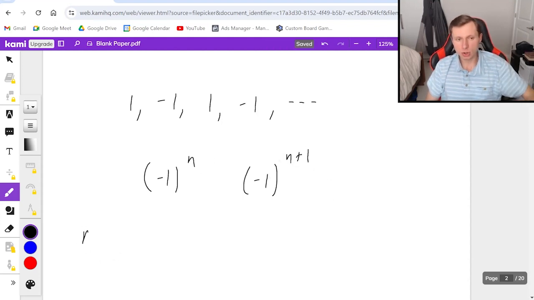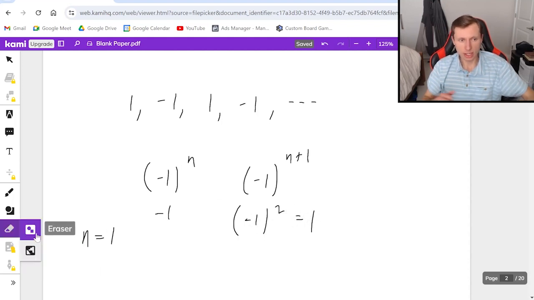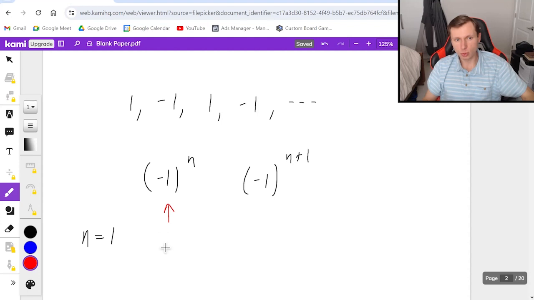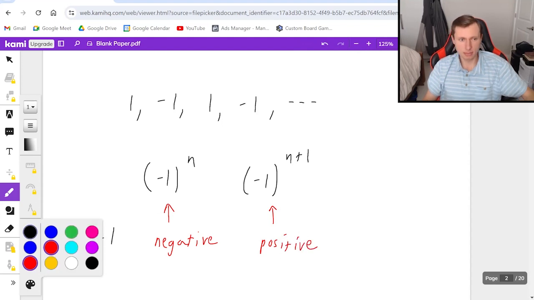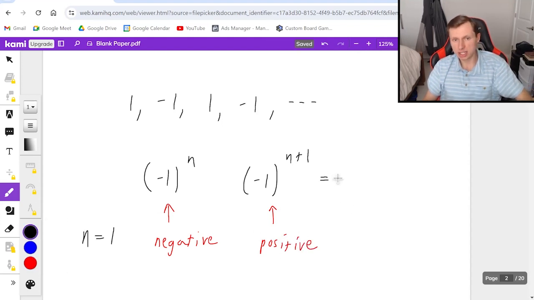Well, if I'm starting at n equals 1, looking at my left picture, that will be a negative for the first number. It would be negative 1 for the first number. But if I look at my right one, 1 plus 1 is 2. Negative 1 squared is a positive. So, in other words, you use this one if the first term is negative, and use this version if the first term is positive. And by the way, a lot of people I see also write this and minus 1.